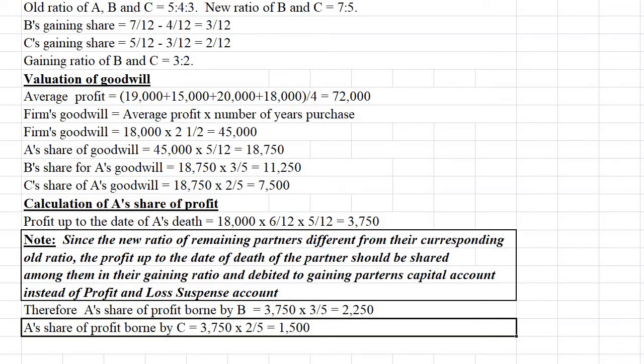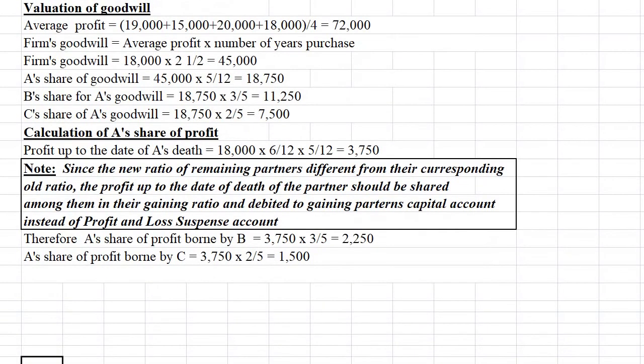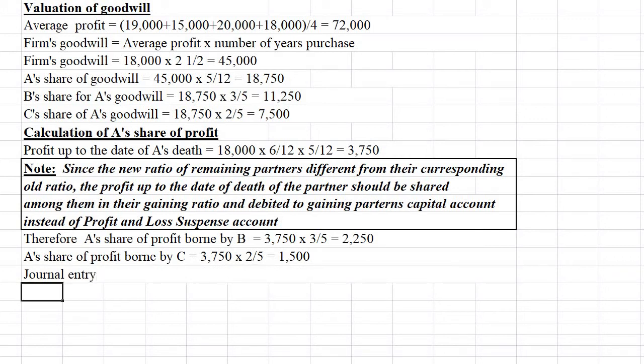So in such a way, we can write the journal entry. If it is like that, how we can calculate the journal entry? We can write here journal entry. What to write? B's capital debtor, how much? 2,250.